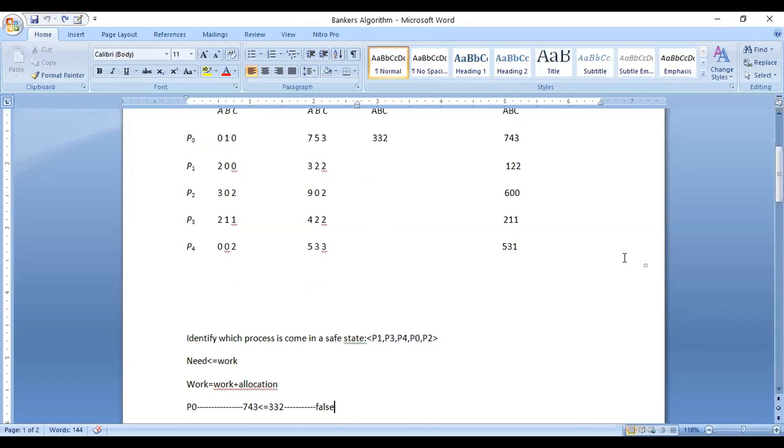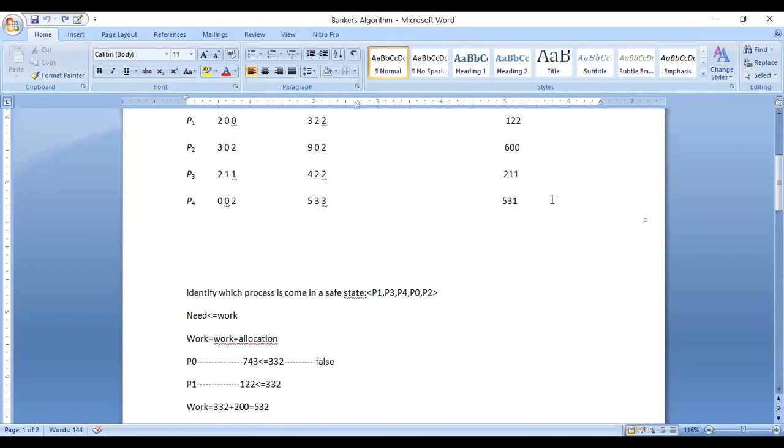So first, if P0 will execute, there are two conditions. Need is less than or equal to work. If the condition is true, then it will go to work equals work plus allocation. So what is the need of P0 here?